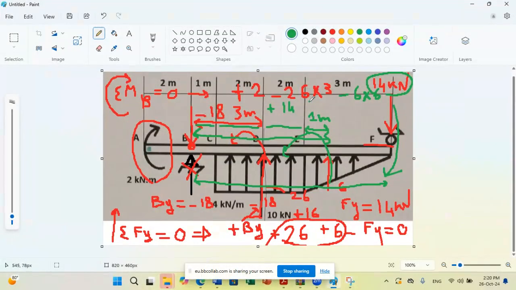Okay, so plus times 8. If you do this on your calculator, you should get 0. If you don't get 0, this means that you have a calculation error in Fy. So we will get 0, verified. This means that we were able to exactly compute our reactions. So we are done now with the first step, which is the calculation of reactions. We can move to the second step.